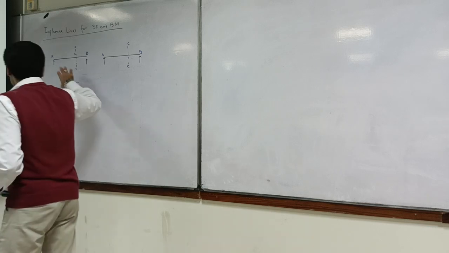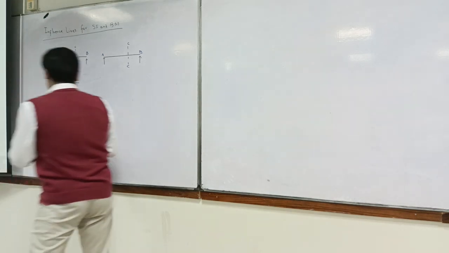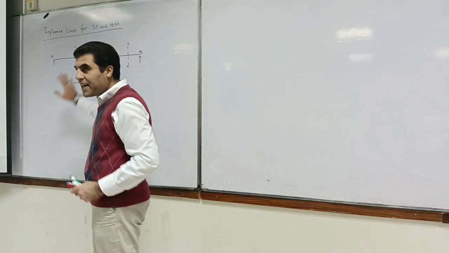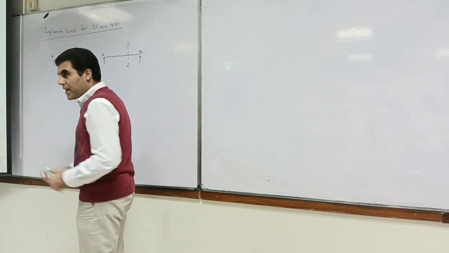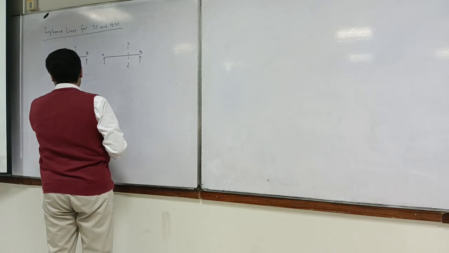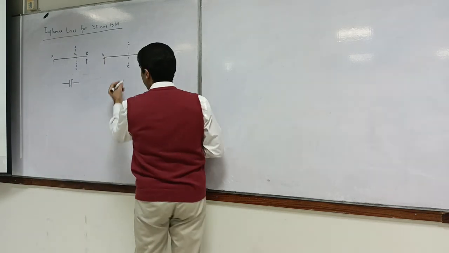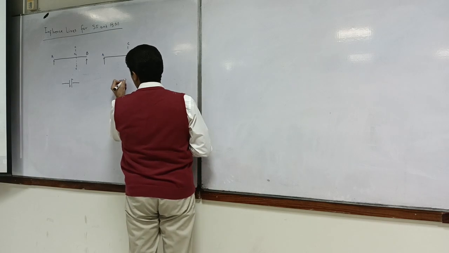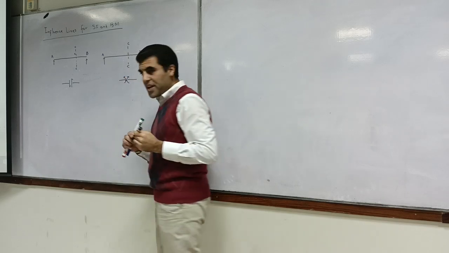So the thing is that you have shear force. If you cut any place, your shear force will be something like this. Yes? And similarly, if we have moment at this particular section, that will be something like this, isn't it?